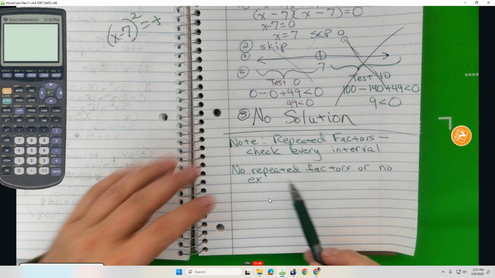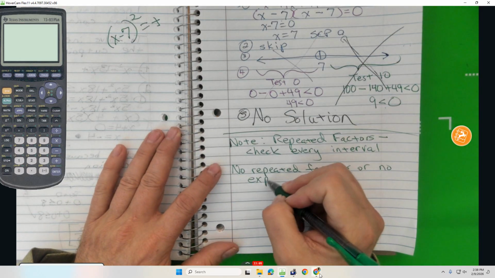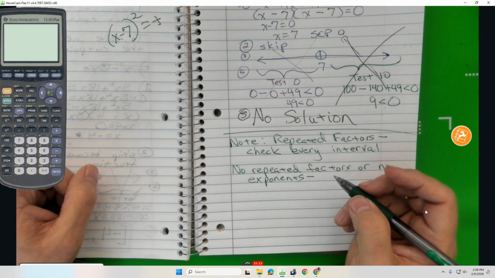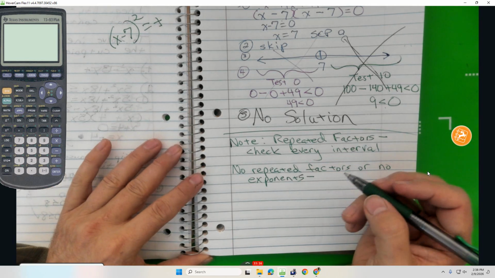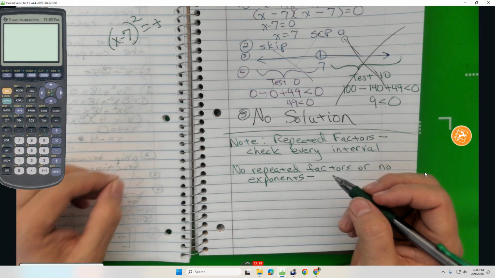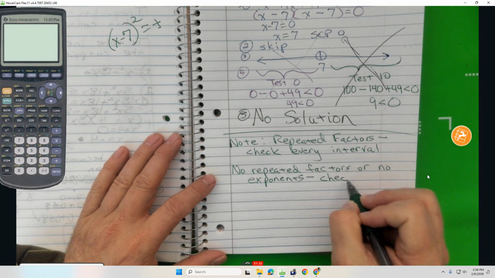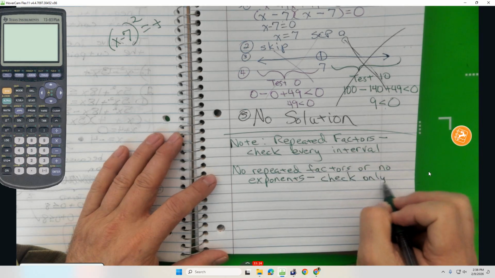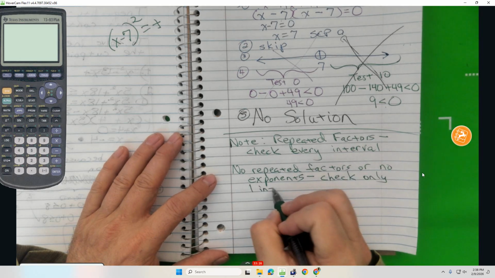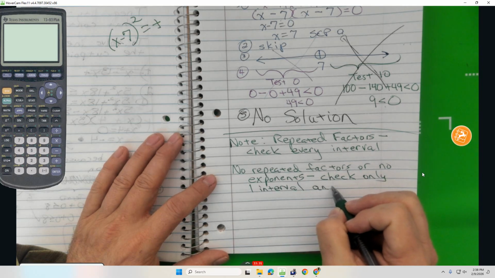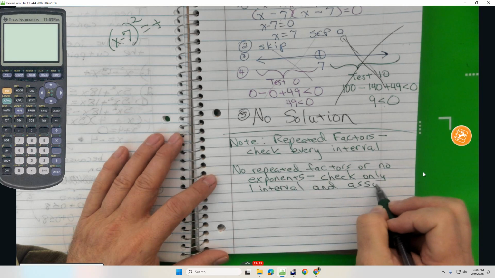So if there are no repeated factors or no exponents, you can just check one interval and assume an alternating pattern. But you better make sure you check that interval correctly. I'll say check only one interval and assume an alternating pattern.